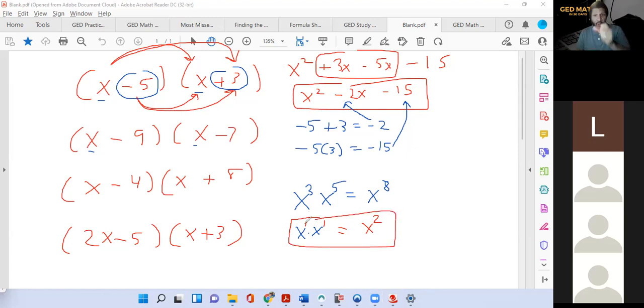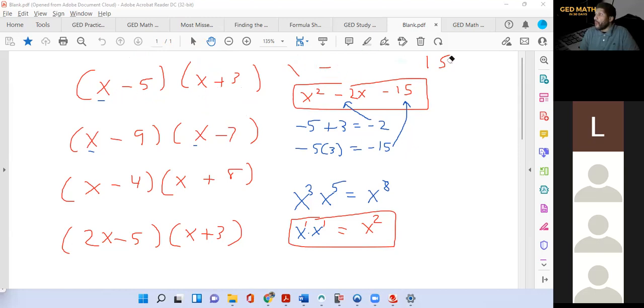I guarantee you will have to multiply binomials. Guarantee you. So now, let's look at this second one. Let me clear the screen. I apologize for the sound effects.